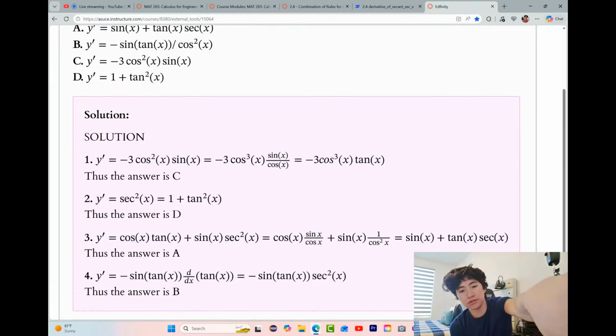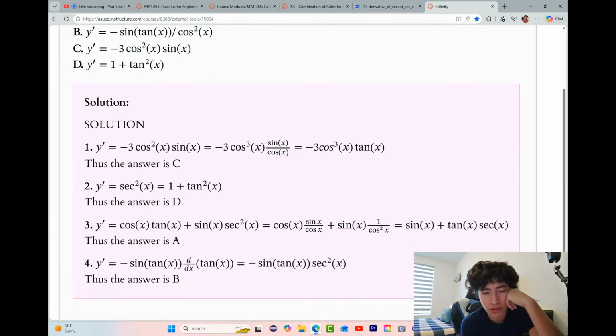Okay, I see. Yep, just manipulating what we can. All right, we just play around over here. Sine of x, 1 over cosine squared of x.